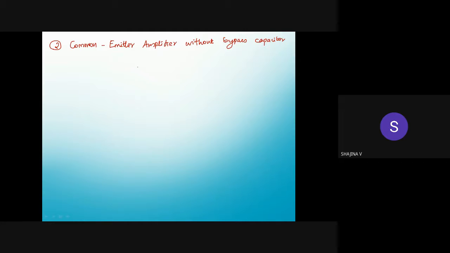Okay, so you can see the circuit. Common emitter amplifier without bypass capacitor. Okay, for simplicity, I am showing fixed bias here.